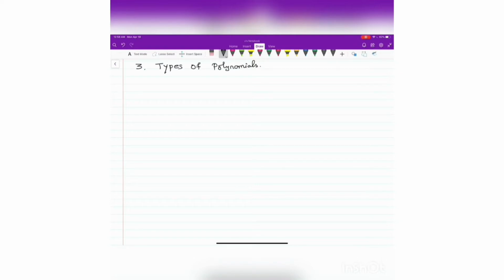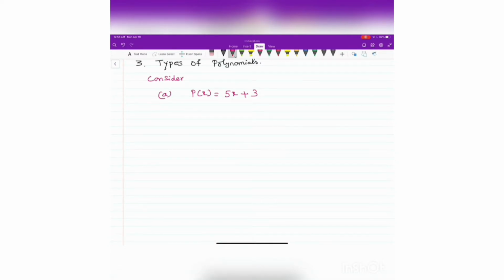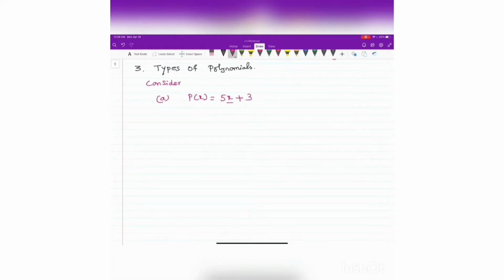See here, consider the first example. P of x is equal to 5x plus 3. If you look at it, the degree of this polynomial is 1 because the power of x is 1. So therefore the degree is 1. Let me write that point first. The degree is 1.